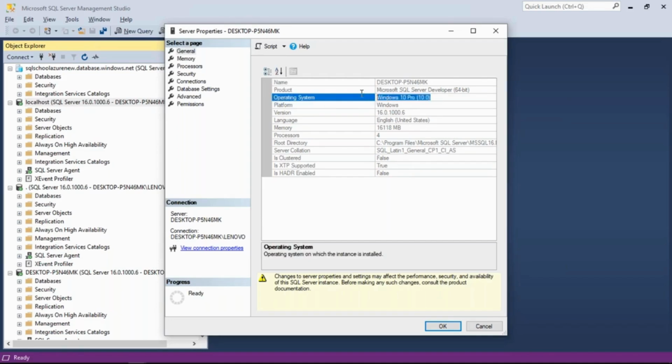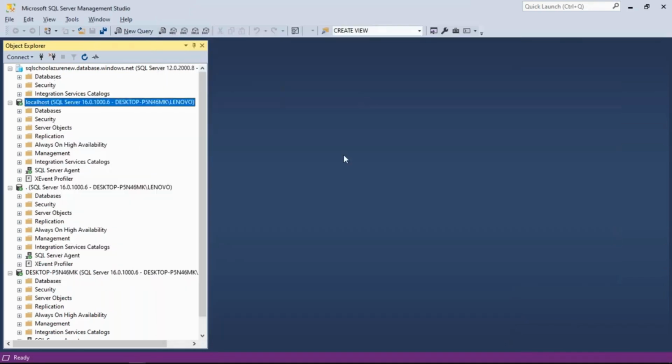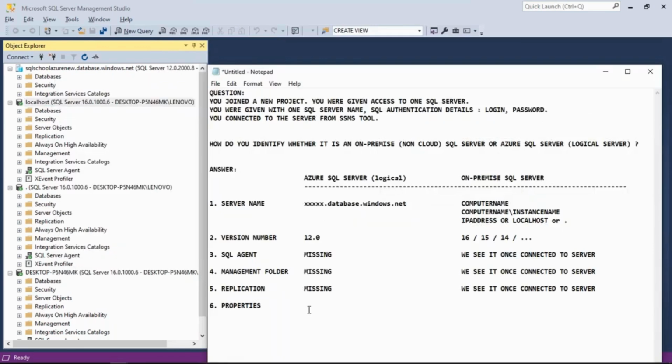There is a dependency on OS. So here properties are missing from the SSMS GUI, whereas here you right click the server and see properties.